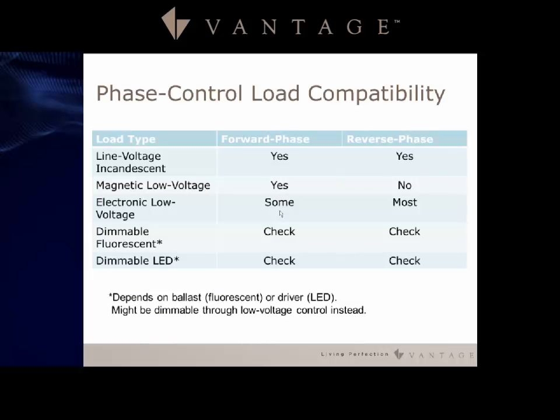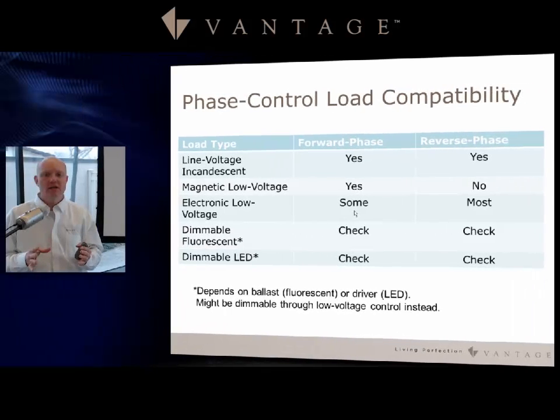Now let's talk about compatibility. At a quick glance from this list, you can see that there are not a lot of definitive answers. You have to be able to get into whatever the fixture or bulb is that is getting spec'd out and make sure that you're verifying whether it's forward phase or reverse phase, or which one is better suited for that specific fixture.